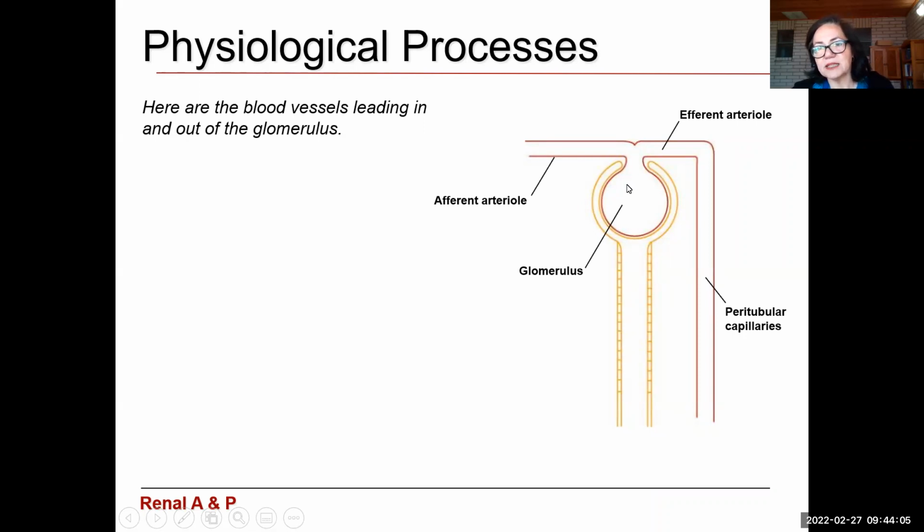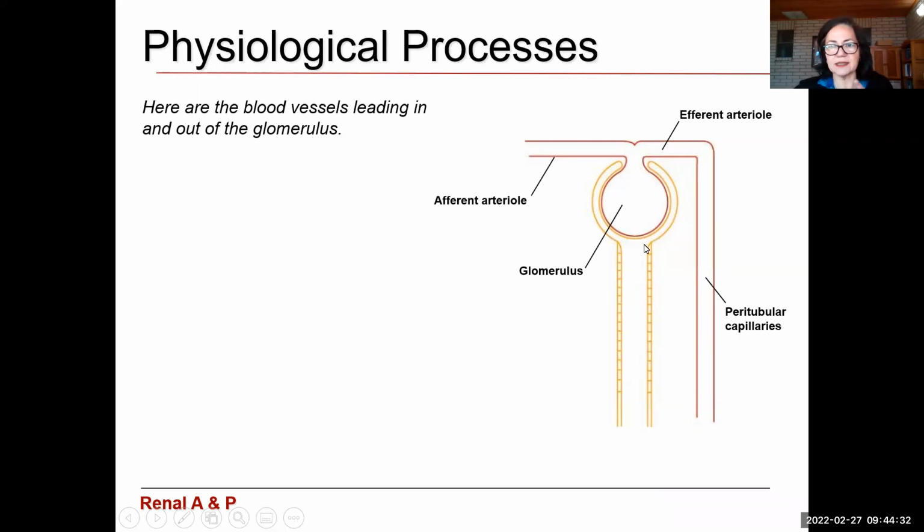Then the blood leaving the glomerulus gets recollected in the efferent arteriole and passes along to the peritubular capillaries. It's represented here as if there's a huge amount of space between the capillary and the renal tubule, but they can actually flush up against each other to facilitate exchange that we're going to see.